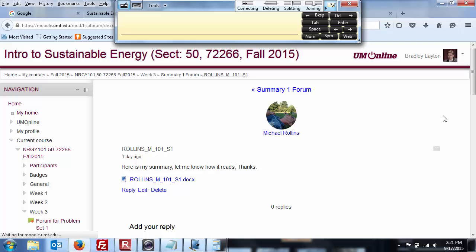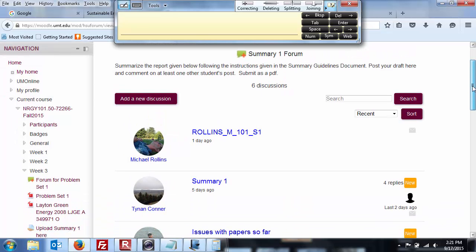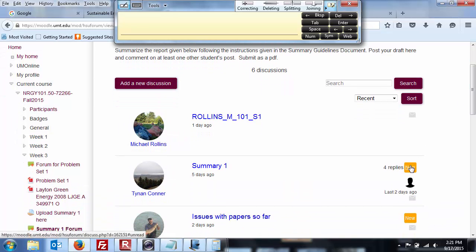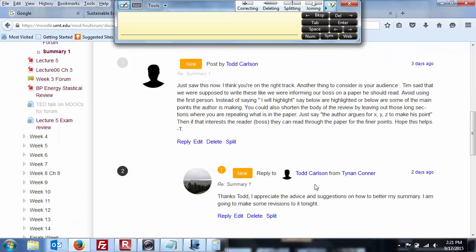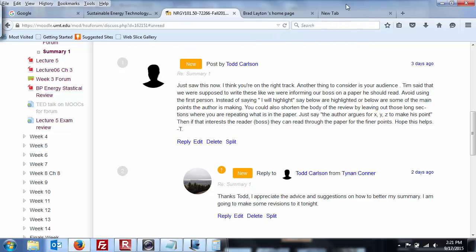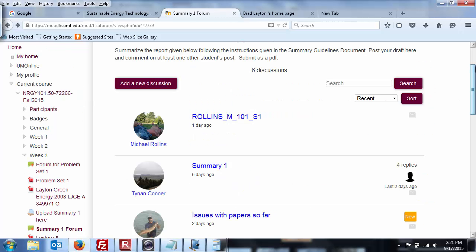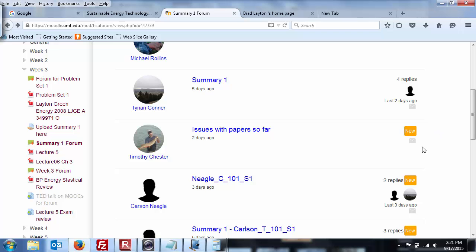If they don't have that, you need to catch them on that. Cover both sides of the equation, both the quantity, meat and potatoes, but also the format. Both are equally important. You can have the best paper in the world, the most well-written, but if it's missing all the format stuff, it's still not going to fly. So make sure you're hitting both sides of that equation in your feedback.